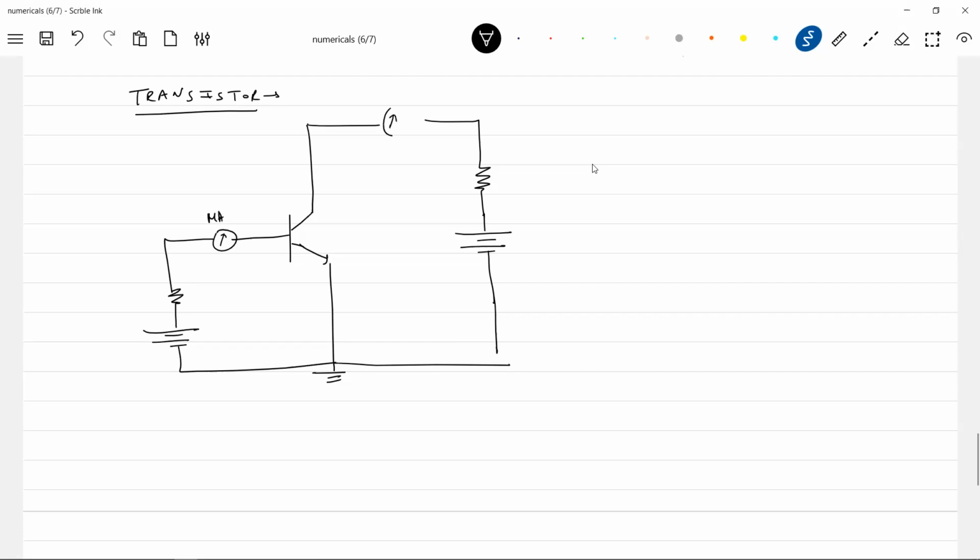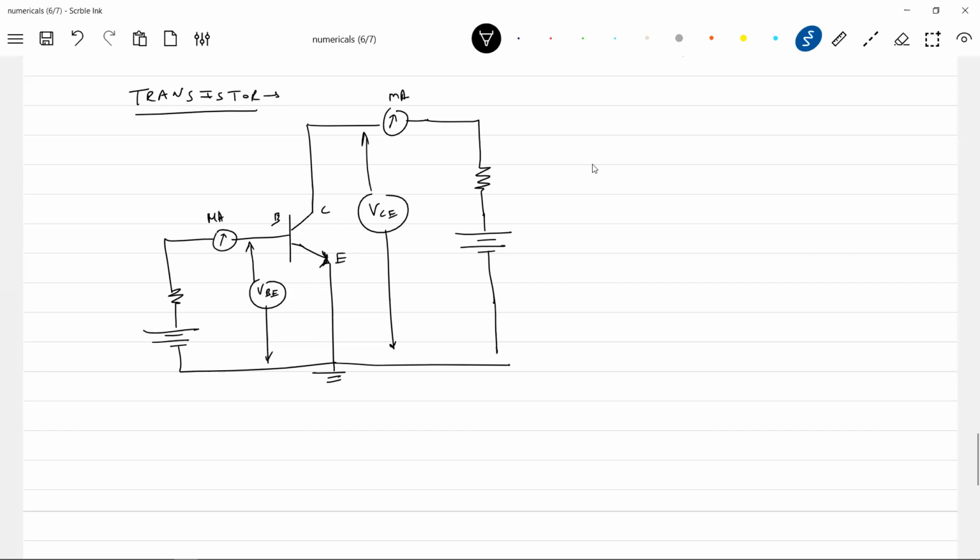To measure this collector current, I'll bring a milliammeter. And to measure the base and collector emitter voltage, I will connect one voltmeter here and one voltmeter here. So this is collector, base, emitter.